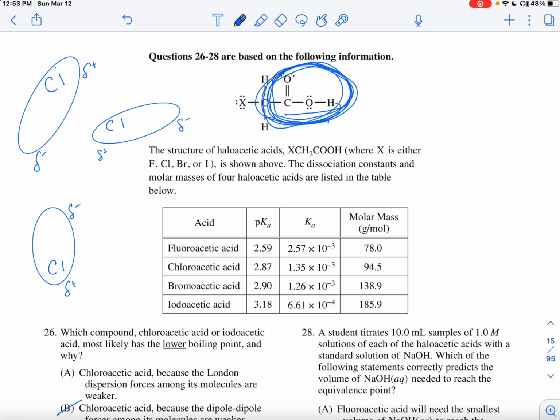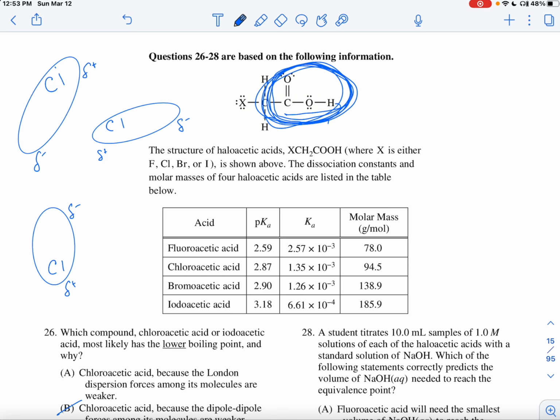A dipole, for those of you who might not remember from first year, is when you have a slight positive and a slight negative. That's a dipole. This is very temporary, very quick. So it's a very weak attraction, but it is actually very important because it happens all the time in every molecule.